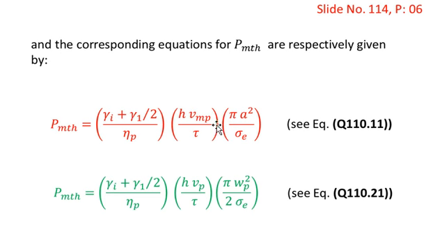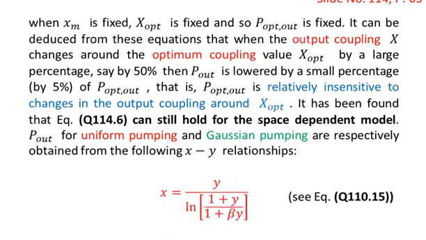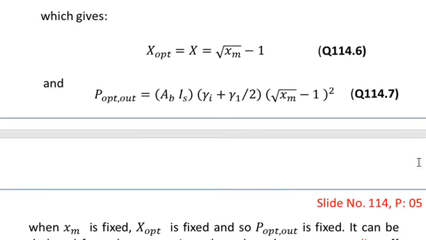So you see that I have explained here the output conditions shown over here in the form of P output, that is the output power from the laser for a 4-level laser system for the space independent case. So this expression is shown, you see, in equation number 7.